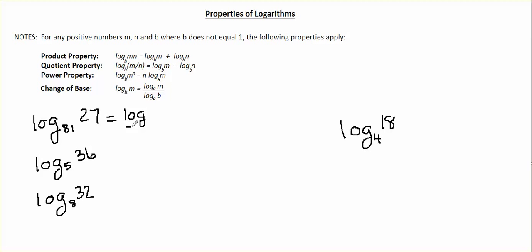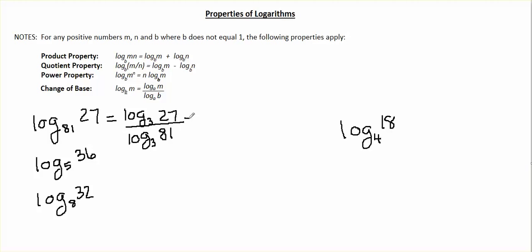So I'm just going to write that for right now. Log divided by log. My new base, since they're both powers of 3, I'm going to write log base 3 for both of them. And the top number comes from here. So it's going to be this number right here, 27. The bottom number B comes from my old base, so it's going to be this number 81.